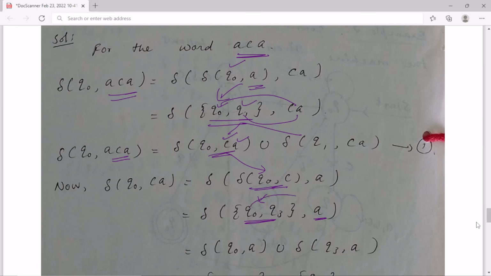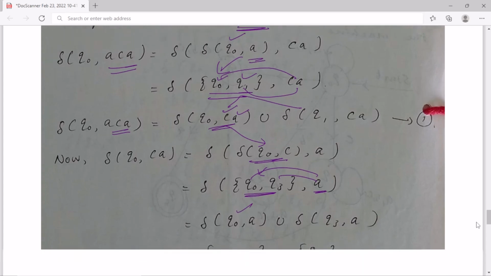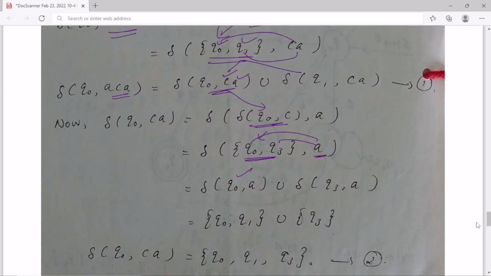Now you write it as the union of 2 transition functions, that is delta of Q0 comma A union delta of Q3 comma A. While reading A in Q0 you have 2 different states, that is Q0 and Q1, and reading A in Q3 you have only one possible state, that is Q3. If you take the union of these you have Q0 Q1 Q3, that is delta of Q0 comma CA. So this one is over.